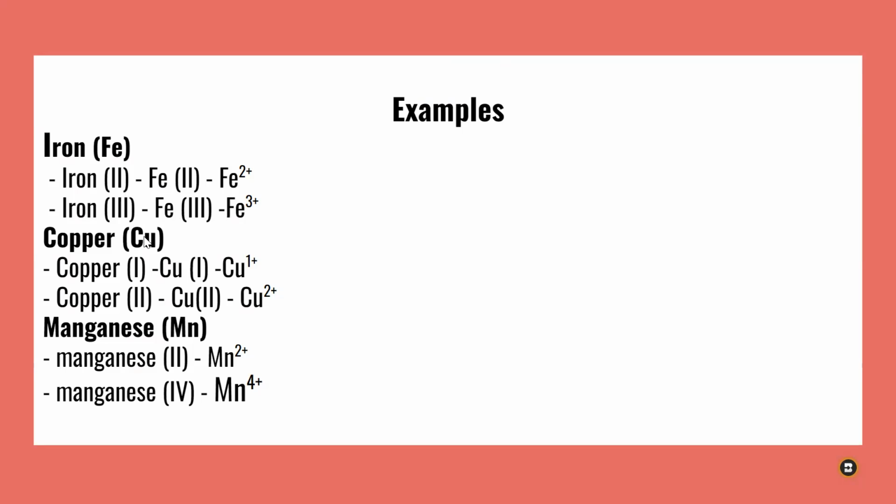Then copper is a transition metal. Copper 1, Cu 1+. Copper 2, the Roman numeral is telling you the number of charges, which we show here. Manganese 2+, manganese 4+, okay?